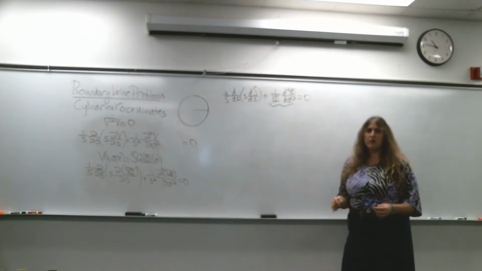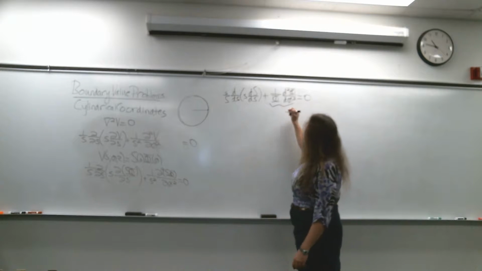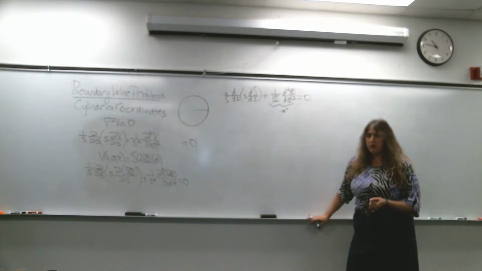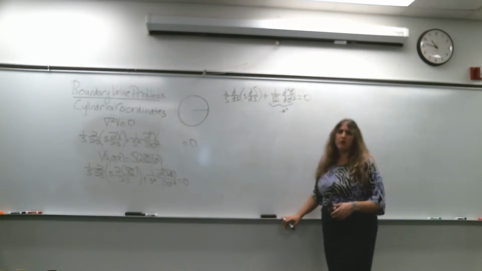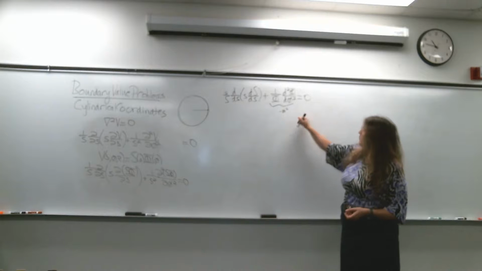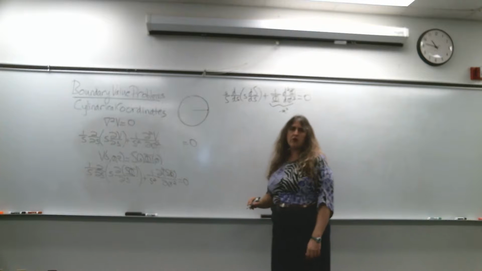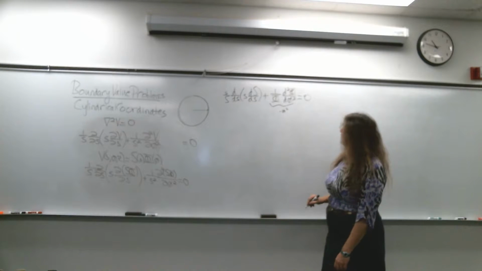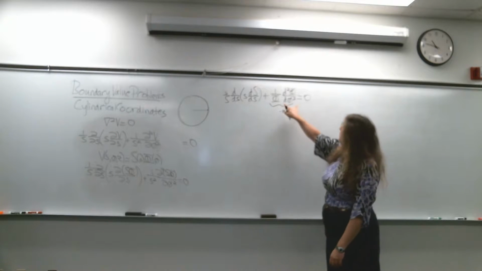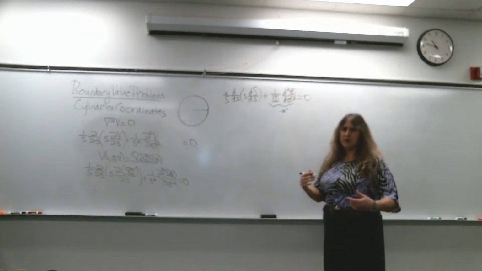Phi has to be, and consequently the potential, both have to be single valued functions. So therefore, this is equal to the constant minus m squared. We cannot use plus m squared because then that would lead to solutions in the form of exponentials or hyperbolic cosine and sine. And we want our function to return to the same value once we make one complete circuit. So in other words, it has to have the same value at 0 and at 2 pi. The only way that's going to happen is if the solutions of this differential equation here are sine and cosine.